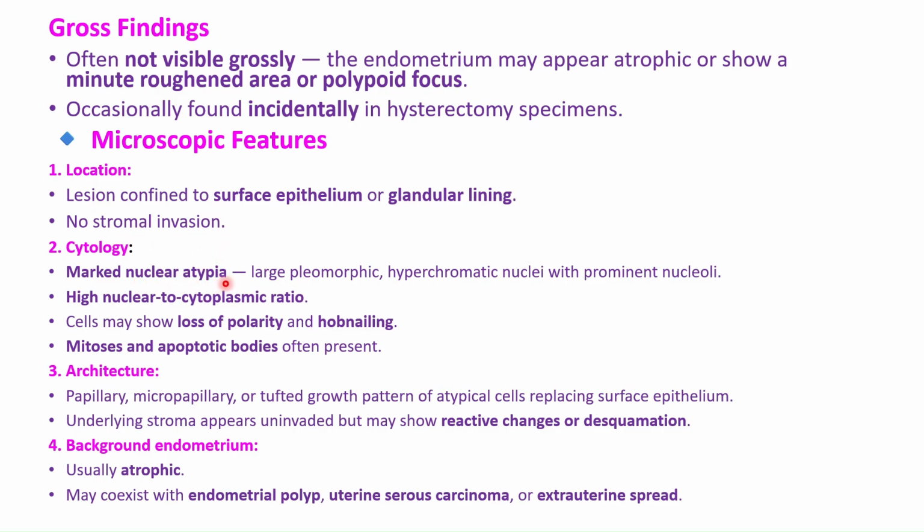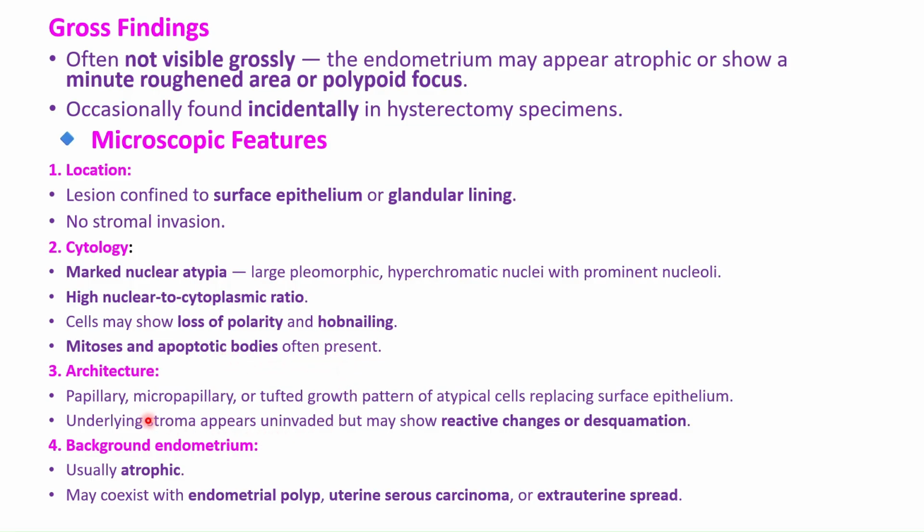Marked nuclear atypia in the form of large pleomorphic hyperchromatic nuclei with prominent nucleoli, high nuclear to cytoplasmic ratio, loss of polarity and hobnailing, with mitosis and apoptotic bodies often present.